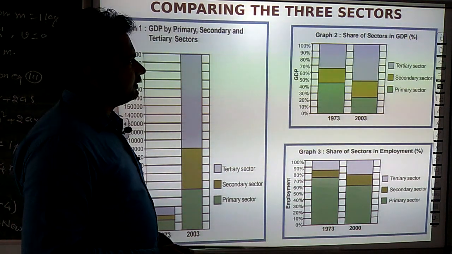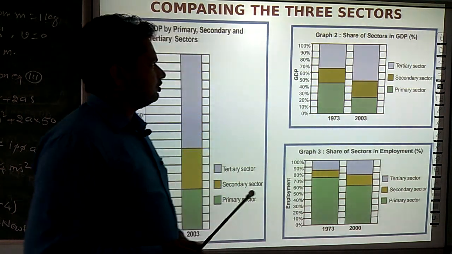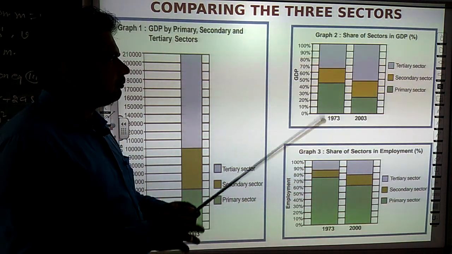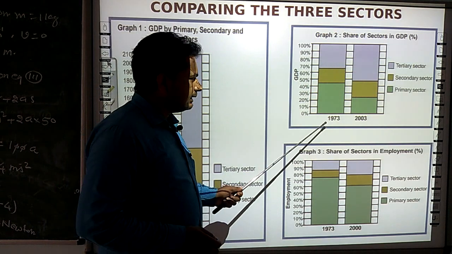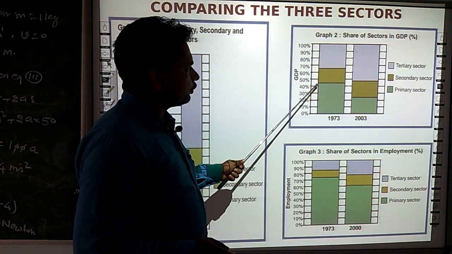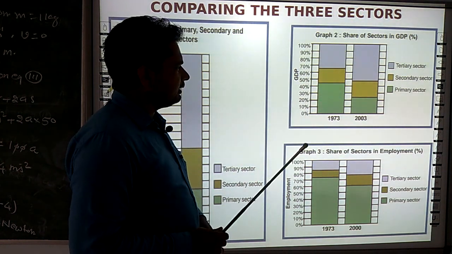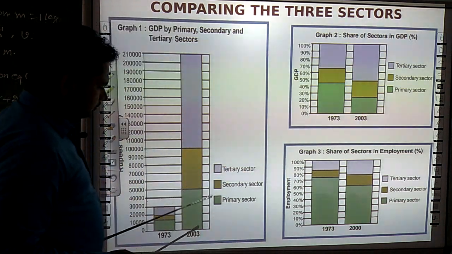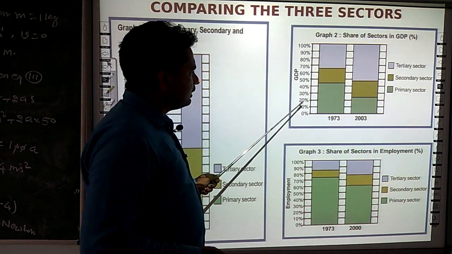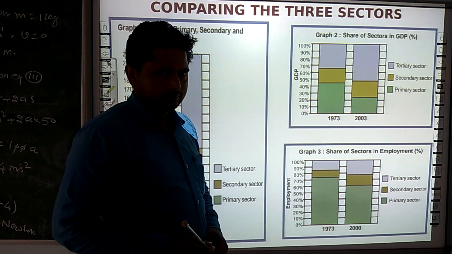Even if we see their contribution in GDP in percentage, the data becomes more clear. In 1973, the primary sector contributed 45% in total GDP, and in 2003, though it increased in number, its contribution is only 25% in GDP.